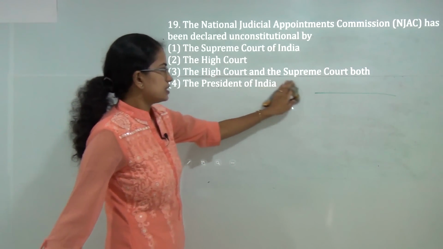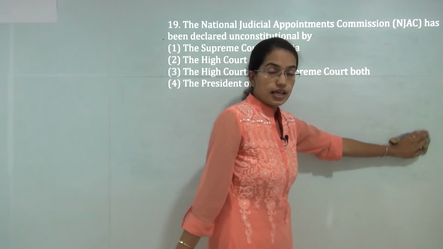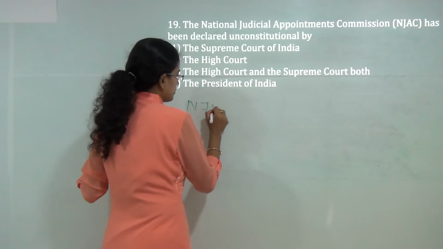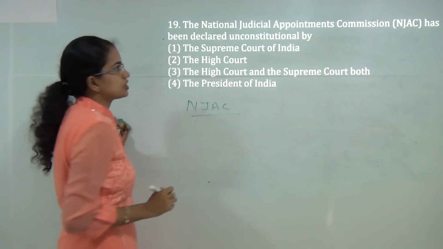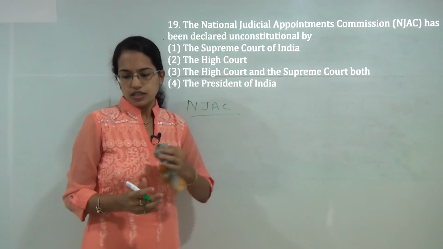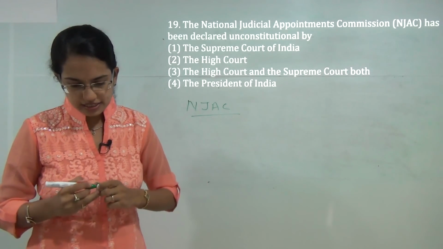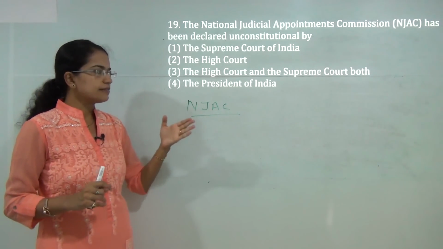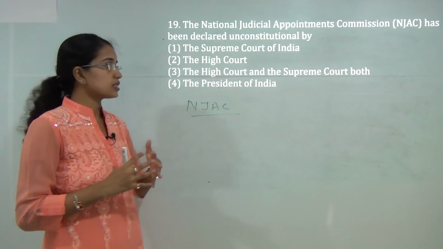The next is a question based on political science again, from the recent happenings. So NJAC, that is National Judicial Appointments Commission, is a body which was laid down in 2015, and this body aimed at appointment and transfers of judges.